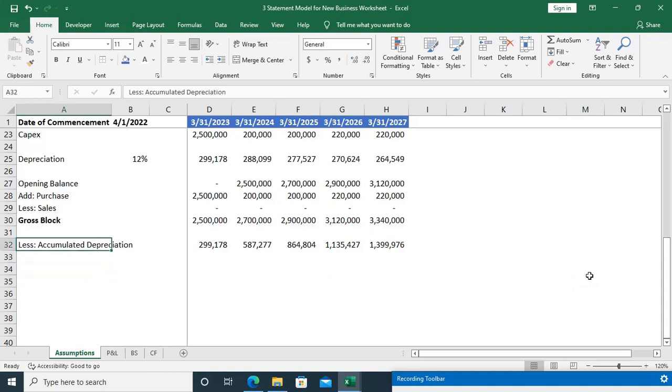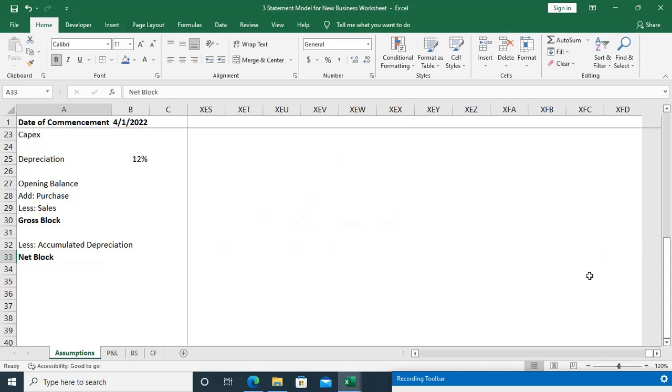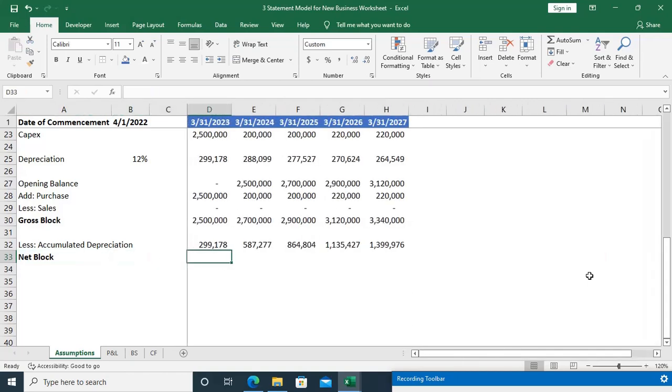So accumulated depreciation, now what should be the net block? The net block, that is the net asset, should be equal to opening minus this accumulated depreciation.